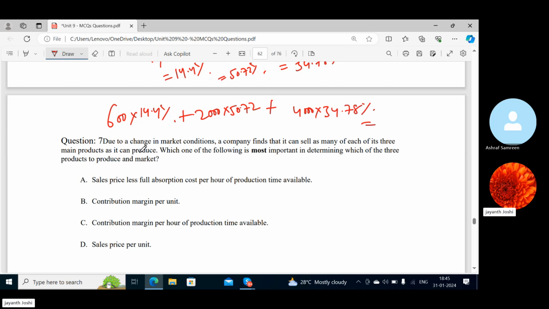Can you tell me the unit contribution margin? 2,49,200.